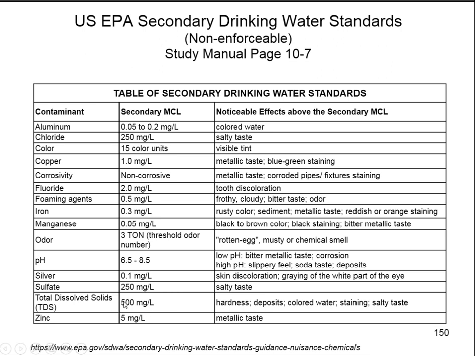Remember I said fresh water was up to 1,000 milligrams per liter, but anything over 500 is not going to give us very good drinking water. So these are non-enforceable, so I wouldn't worry about these so much. Just take a review of them and see what kinds of things you find on this list.